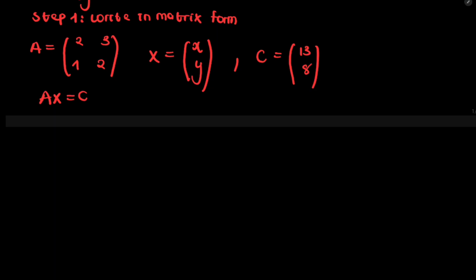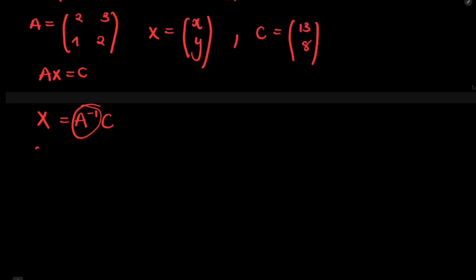X will be equal to A inverse times C. So we need to find the inverse of that matrix A. To find the inverse, first you find the determinant, second you find the adjoint, and then the inverse.